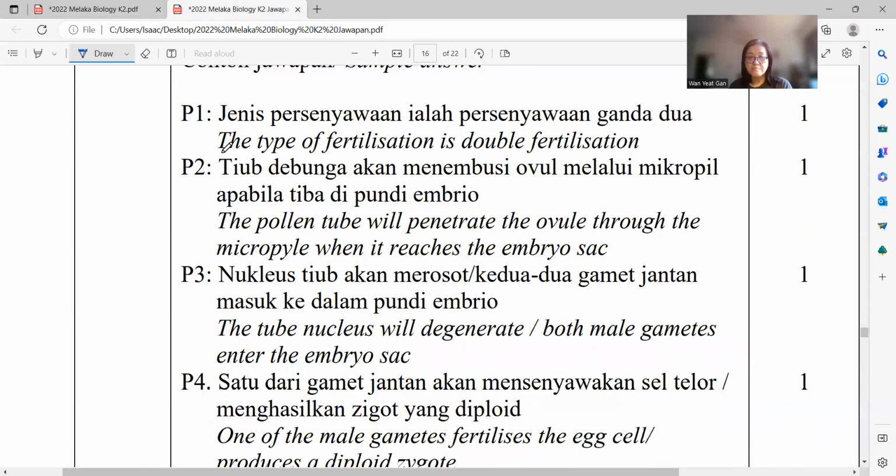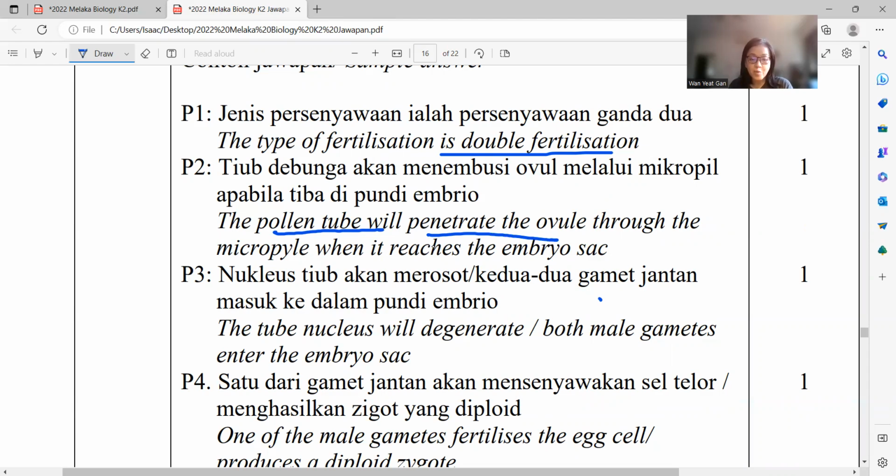The type of fertilization is double fertilization, and the pollen tube will germinate once the pollen grain drops onto the stigma. The pollen tube that penetrates carries with it two male gametes.